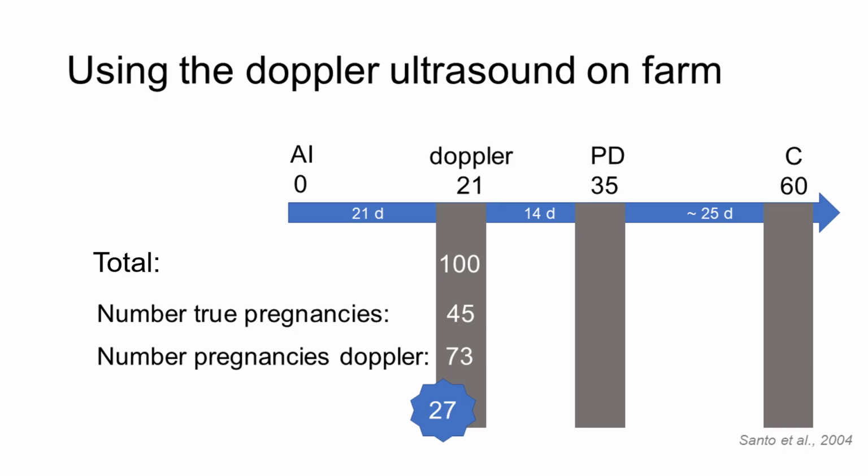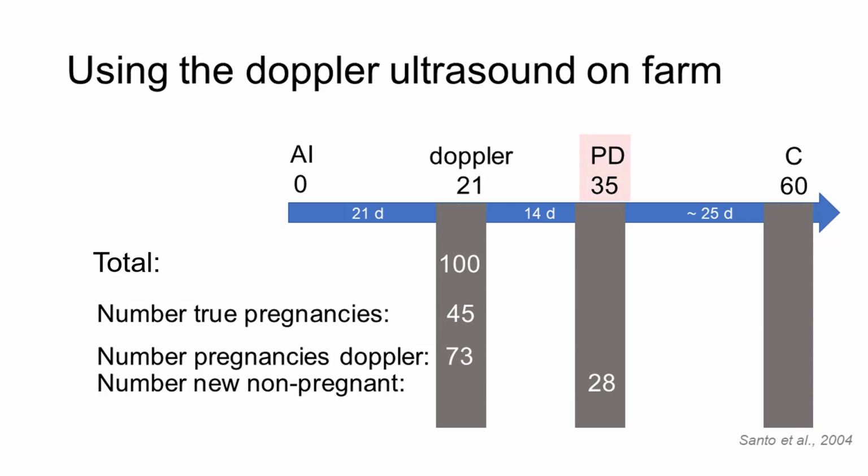As all the cows identified as non-pregnant are indeed non-pregnant, you can immediately take action to inseminate them as soon as possible. We will come back to the actions you need to take after a non-pregnancy diagnosis, so let's continue with the importance of the pregnancy diagnosis at 35 days post-insemination. Due to the low specificity of the Doppler ultrasound, there are 28 non-pregnant cows that were identified as potentially pregnant.